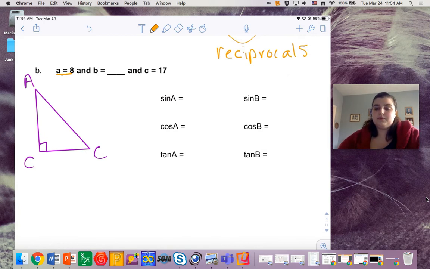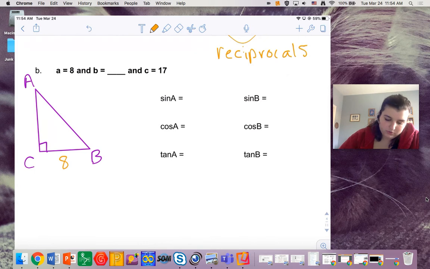We just do it that way so we don't have to write about everything. We can just understand that that's what's going on. So A is opposite of A, so opposite like it's way over here. So 8. Oops. I labeled that C. That's funny. Okay. B, we don't know, so I'm just going to leave it blank because we'll fill it in. And C is opposite the C, so that's 17.